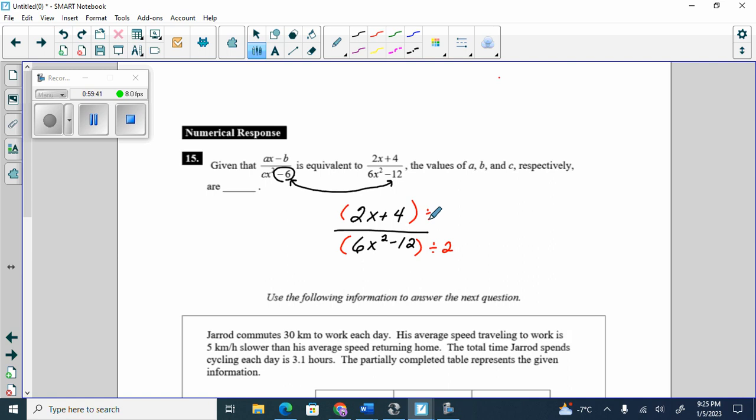So I'm going to get 2x divided by 2 is x, plus 4 divided by 2 is 2, over 6x squared divided by 2 is 3x squared, minus 12x divided by 2 is minus 6. So they want A, B, C respectively. A would be 1, B would be 2, C would be 3, so it's 1, 2, 3.